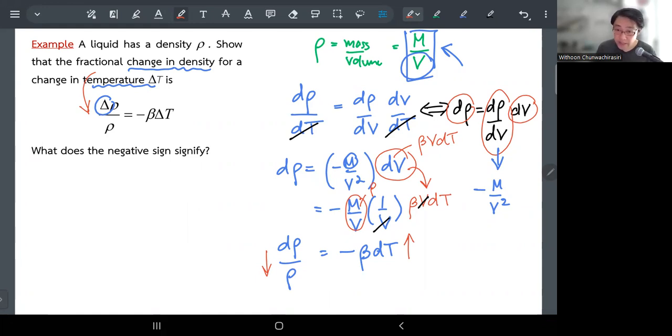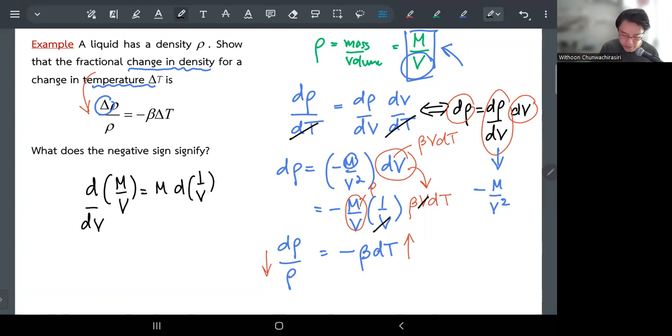Okay, how do you get the negative m over v squared? Okay, cool. So what we did over here is just take the derivative of m over v by dv. And then you just pull m to the front. So what you have to differentiate is this. And if you guys still remember how to differentiate the power function, you can rewrite this one as v to the negative 1 dv.